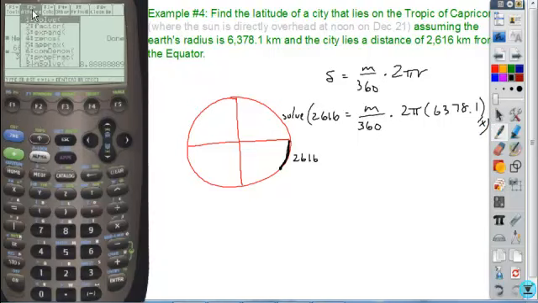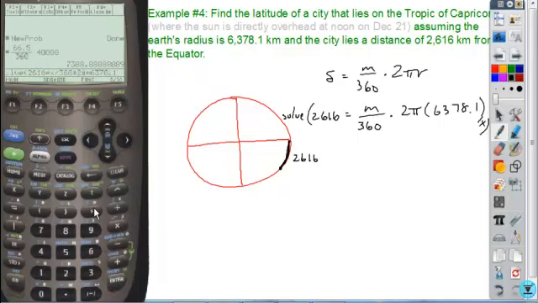So if I hit this algebra tab, F2, use my solve feature, type in my equation: 2,616 is equal to, and I'm just going to use x for this, x divided by 360 times 2 pi. My pi button is this second function, the caret symbol, all times the radius, 6378.1.